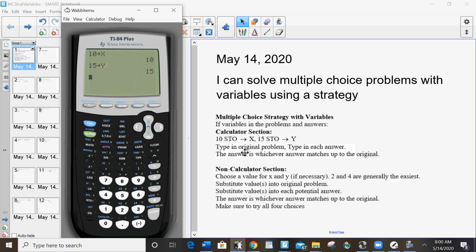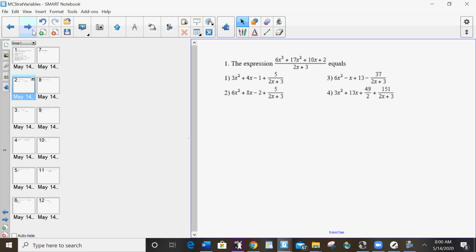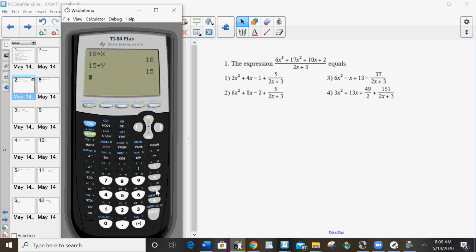Now that I do that, I'm going to type in the original problem. I'm going to type in each answer, and the answer is whichever answer matches up to the original. So I'm going to type in the original problem. To type in fractions, alpha y equals, enter, 6x cubed. Let me use my finger, I'll be faster.